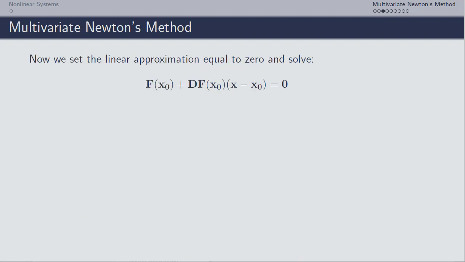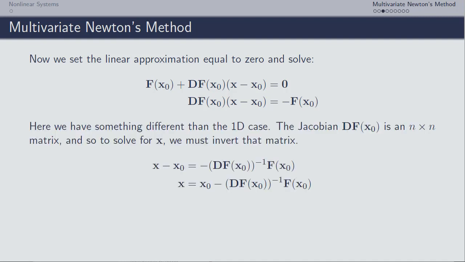Right? So this, what was a scalar equation, becomes now a vector equation that we need to set equal to 0. All right, well, the first step's pretty easy. We can just subtract f of x naught from both sides. No problems there. Now, whereas with just Newton's method, we would divide by the derivative, we can't do that here. We have to multiply by the inverse of the Jacobian. Right? It's an n by n matrix, and so we have to invert that.